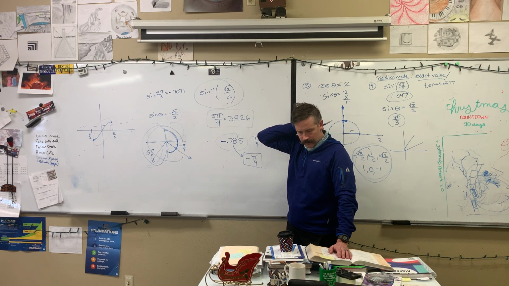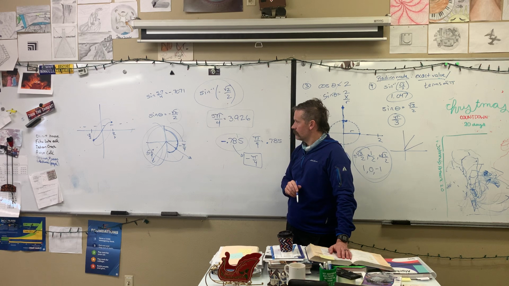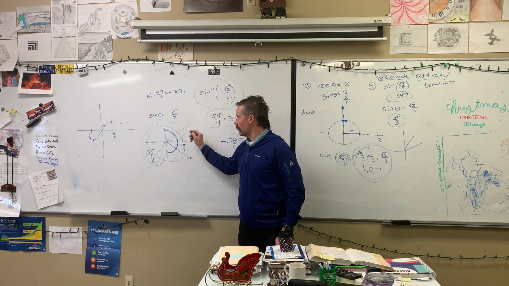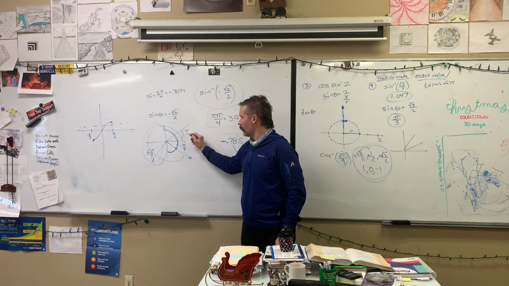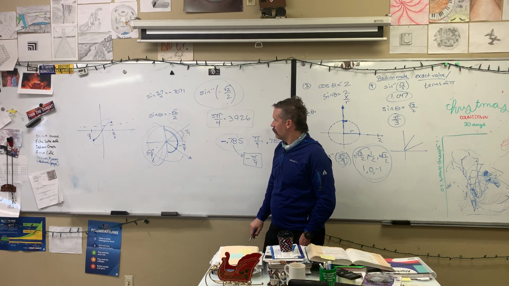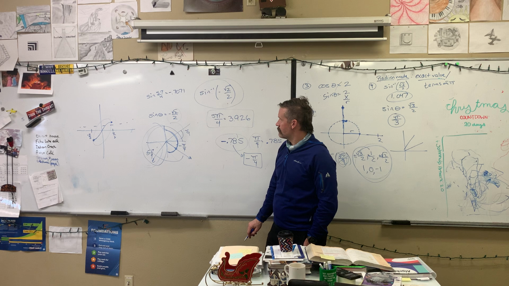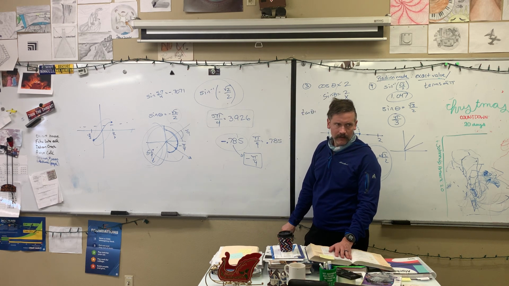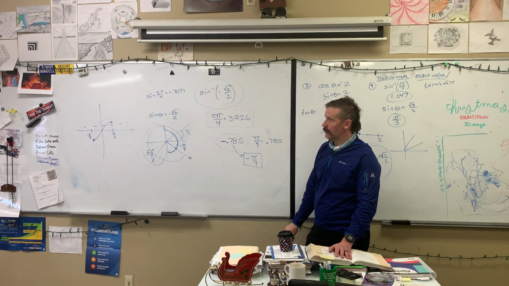Okay, so I did sine of pi over 4, and it gave me 0.707. Yeah, sine of pi over 4 would give you a positive, because that's pi over 4 there. And if I do inverse sine of negative root 2 over 2, I get 0.785.